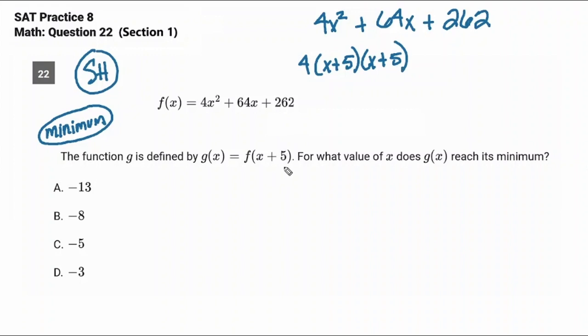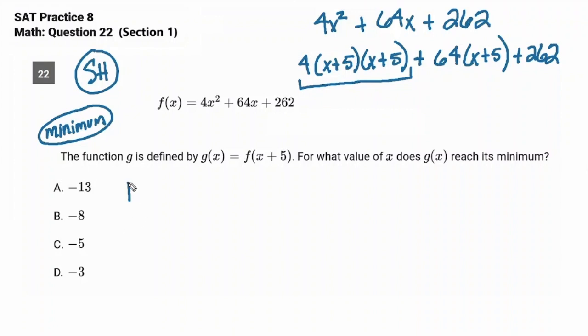Every x, I got to add 5 to it. Plus 64, there's another x plus 5, plus 262. Okay, we're going to take these terms one at a time. So we're going to deal with this completely before we move on.